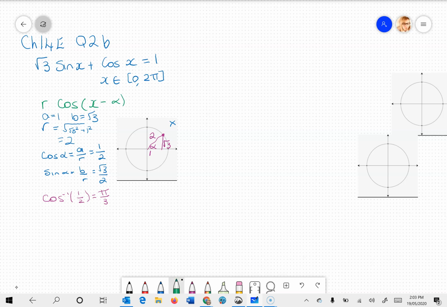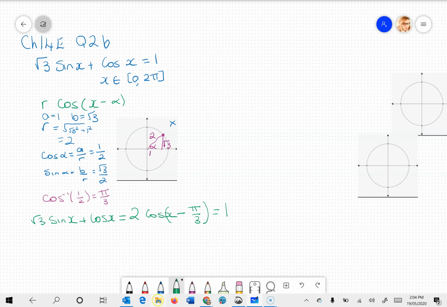If we pull it all back together, that means that root 3 sine x plus cos x equals r, which is 2, times cos of x minus pi on 3. And of course, that equals 1.